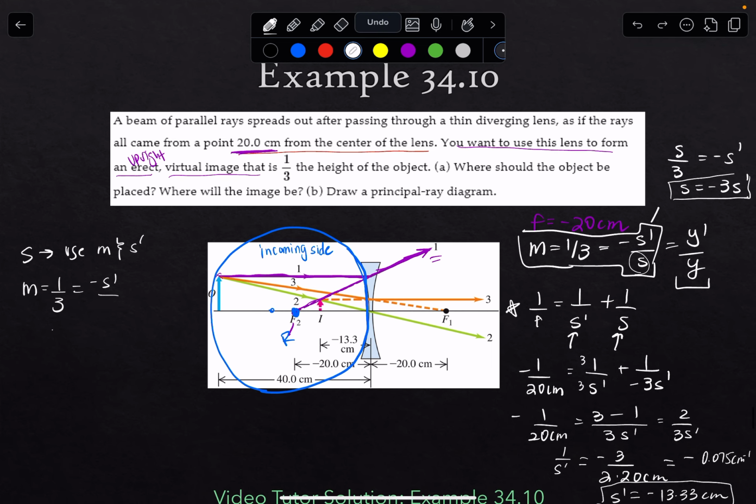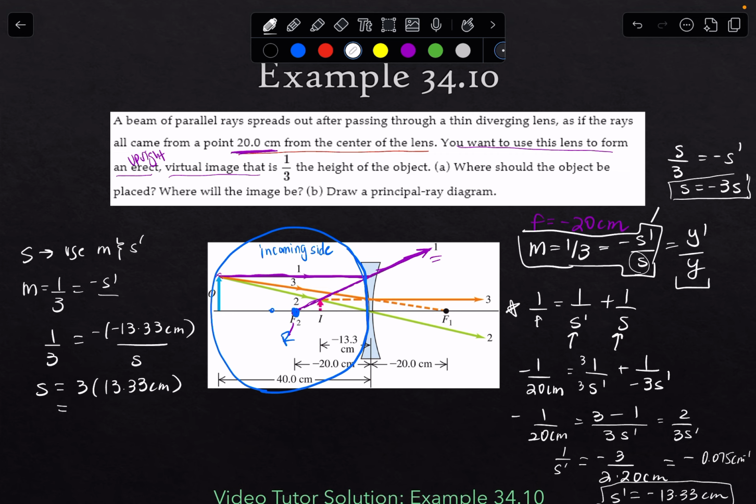And so now that we know what s prime is, we can solve. And s will equal 3 times 13.33, about 40 centimeters.